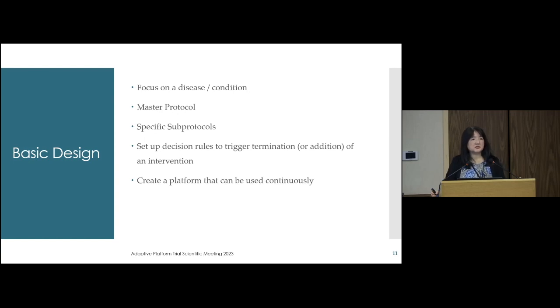The potential interventions go into the sub-protocols, because there's a master protocol and then there are sub-protocols. You set up certain decision rules to trigger dropping an arm, termination of a product, or addition as well. And you create a platform that can be used continuously so that you are not reinventing the wheel every time you start another trial in the same disease.